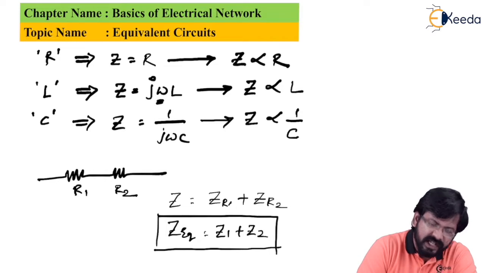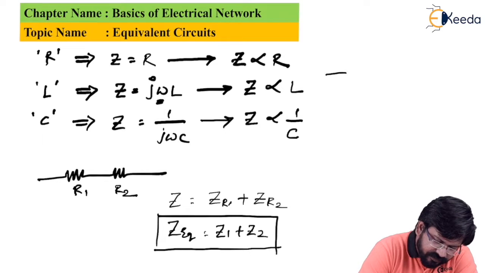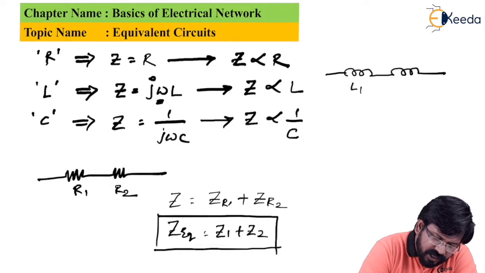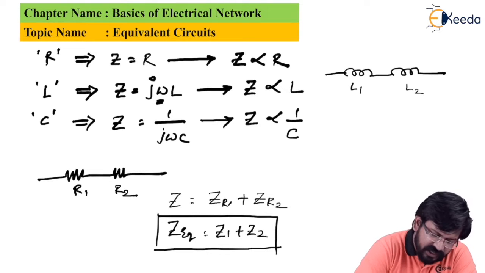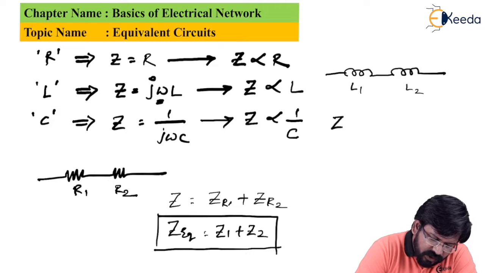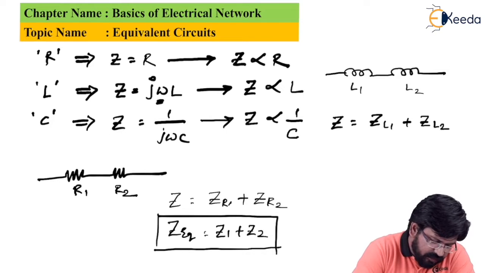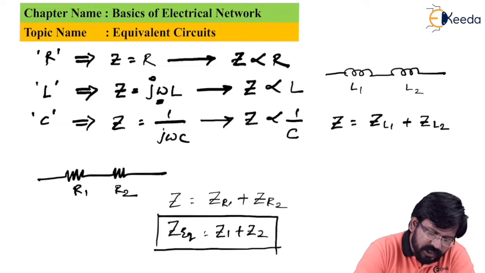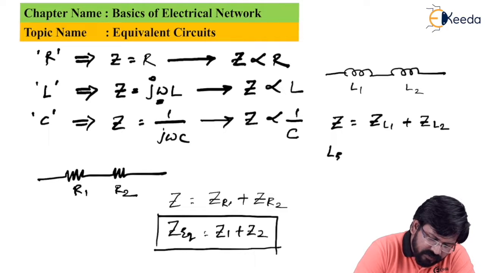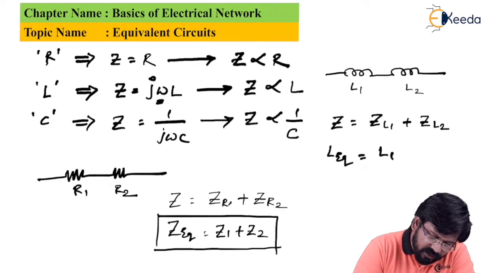In case of, let's say, inductors, we have L1 and L2 elements connected in series. So Z equivalent would be equal to ZL1 plus ZL2. In fact, I can represent that Z is directly proportional to L, so I can write L equivalent equal to L1 plus L2.